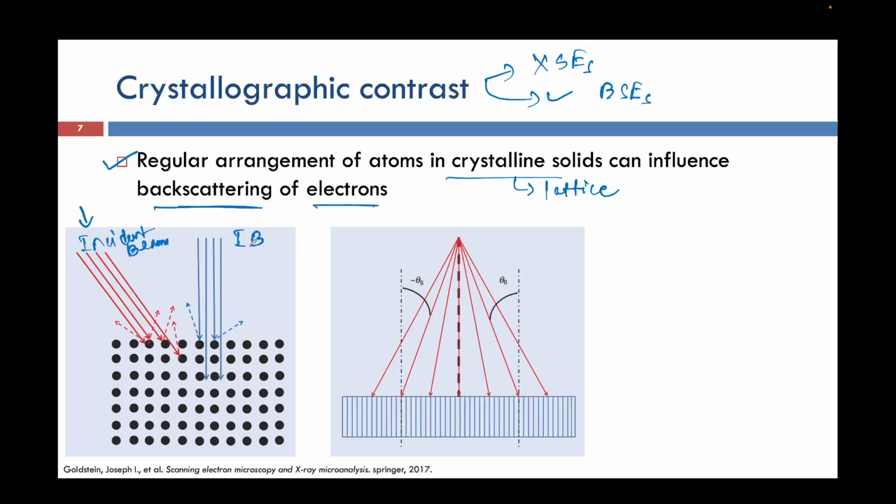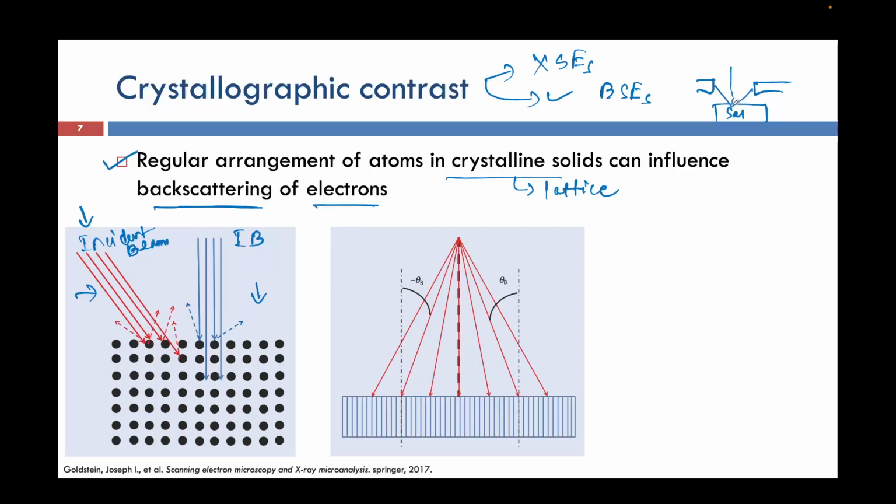You can ask why one incident electron beam is obliquely incident on my sample while another is incident parallel to it. We know that we are using the aperture to focus; let's say this is my sample, and using the aperture we focus some of the beams like this also.